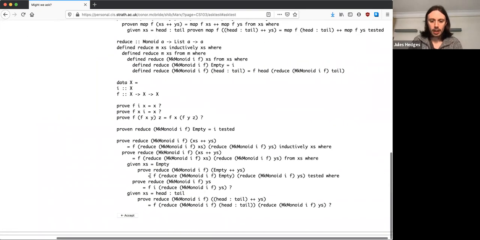Okay, now, if you look at this thing which we now need to prove, this is an instance of the monoid equations for our fake monoid, because this is saying that applying f with I as the first input is the same as doing nothing.